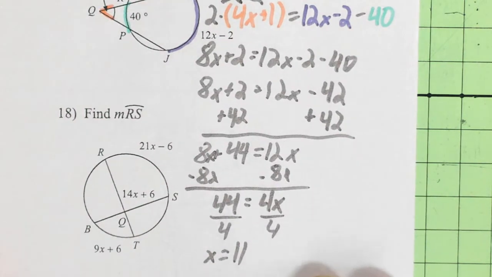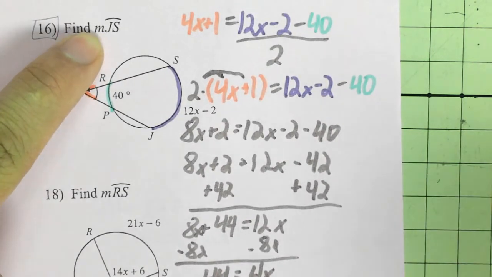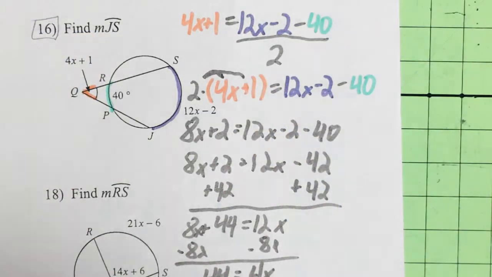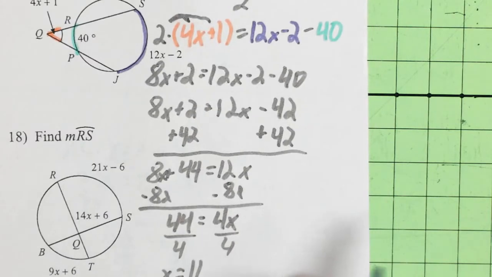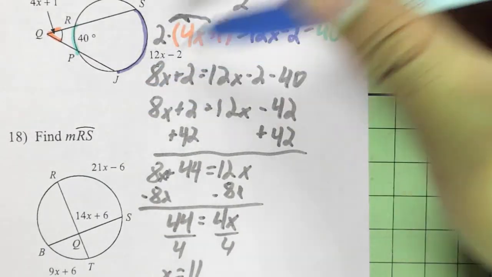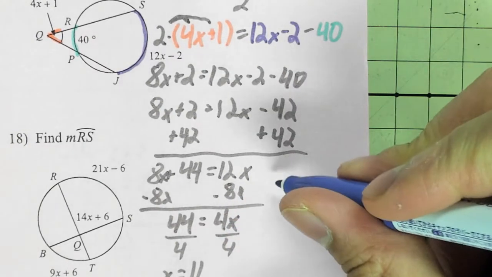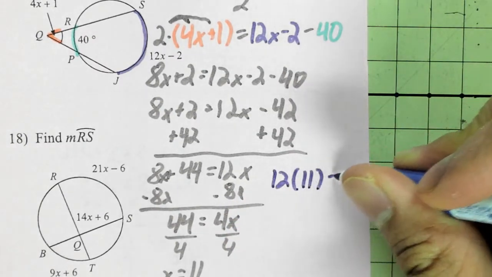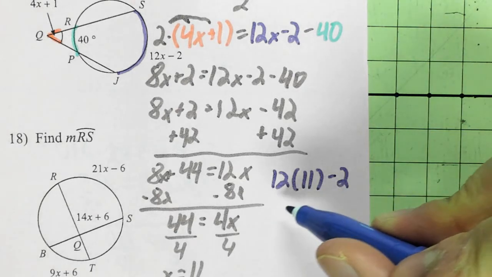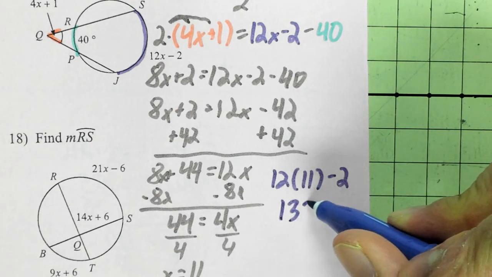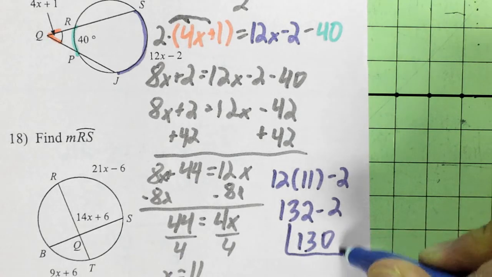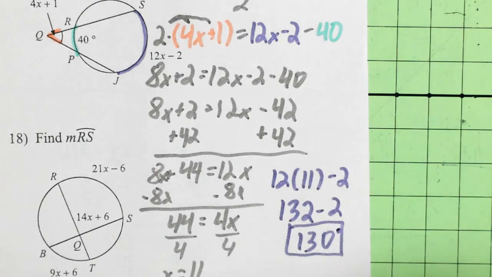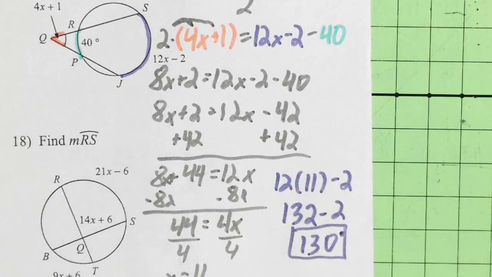Now this question did ask for JS, this arc in purple right here. So, knowing that x equals 11, we can plug that in JS, which is 12x minus 2. So, 12 times 11 minus 2. This gives me 132 minus 2, 130 degrees for JS.